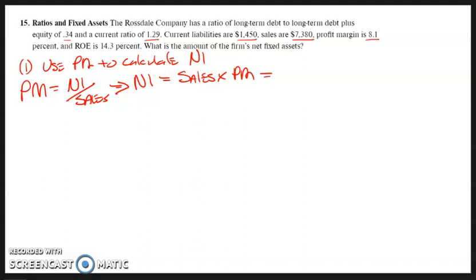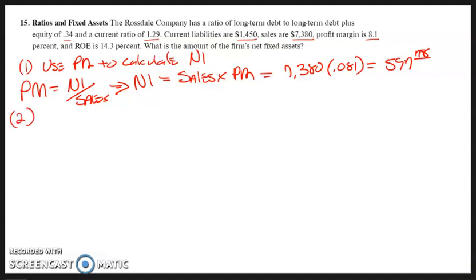That's 7,380 multiplied by 0.081, so our net income is $597.78.